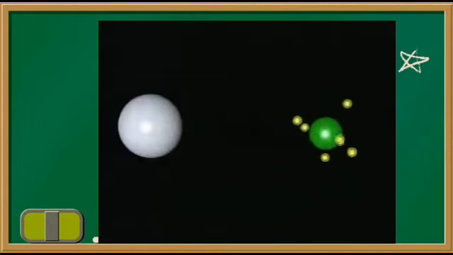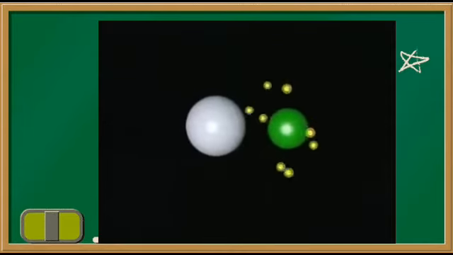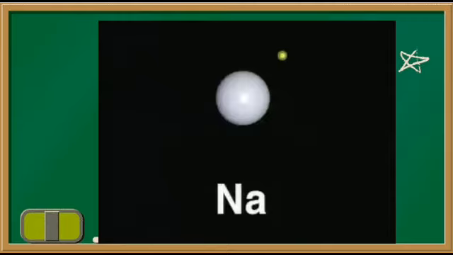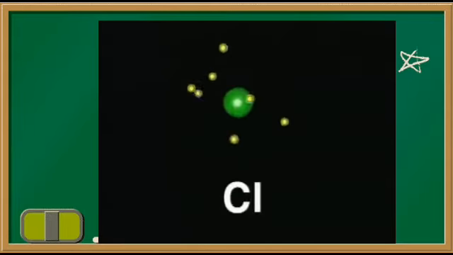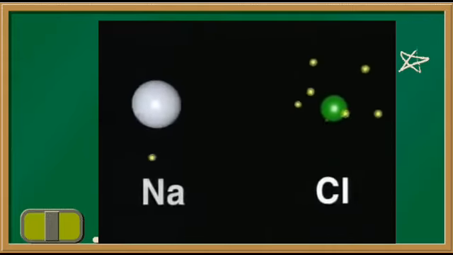Let's have, for example, sodium, the atom in white, and chlorine, the atom in green, showing their valence electrons. Sodium has one valence electron, and it is a metal. Its previous energy level has 8 and it's stable. Chlorine, however, has 7 valence electrons.